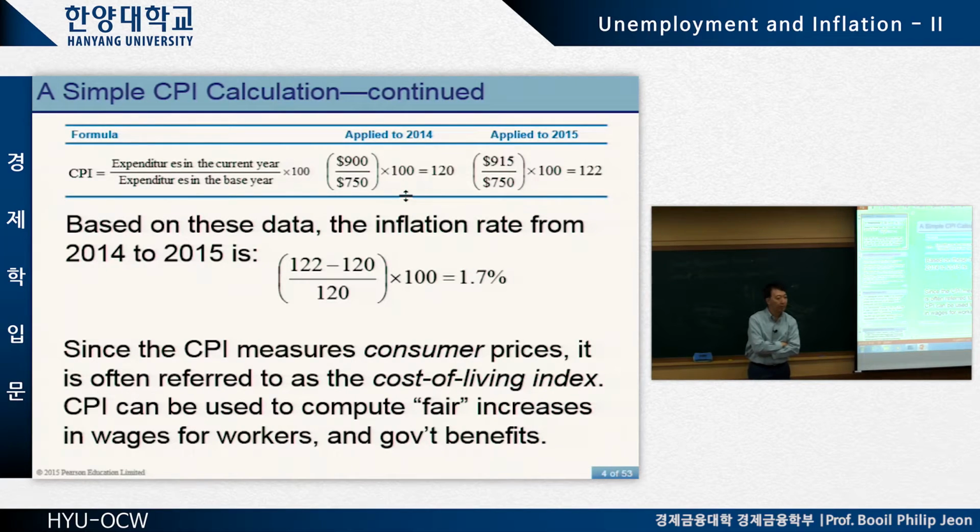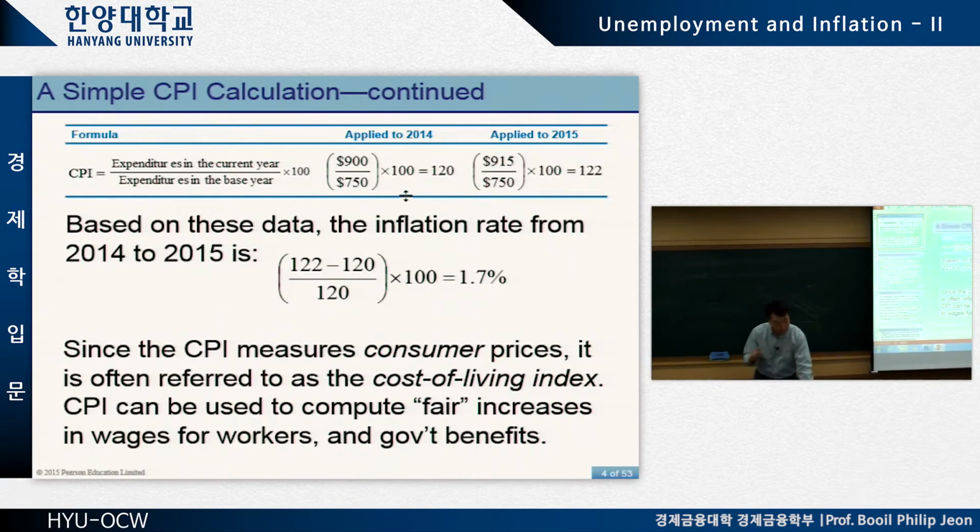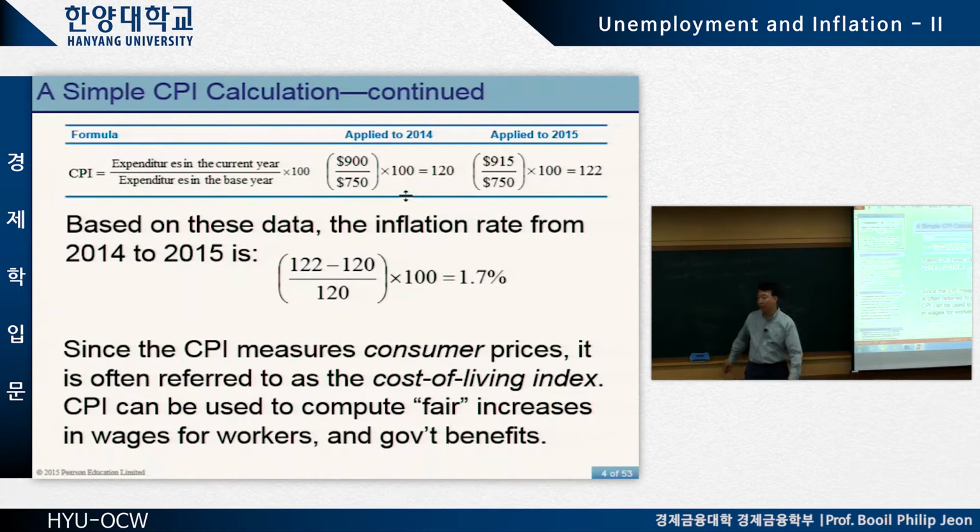In other words, if you think about the same market, the same basket of goods, in order to purchase the same basket of goods, if it cost $100 in 1999, in 2014, which is 15 years later, it will cost $120. That's what CPI, cost of living, means.